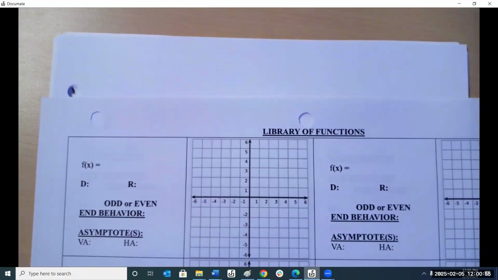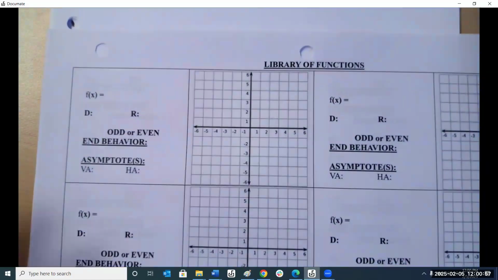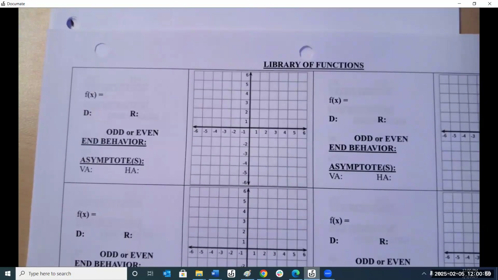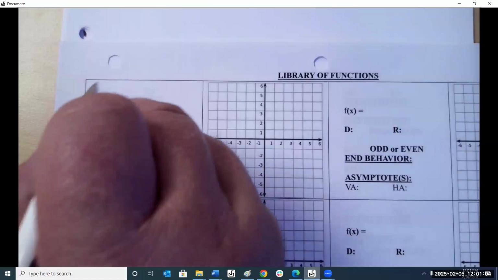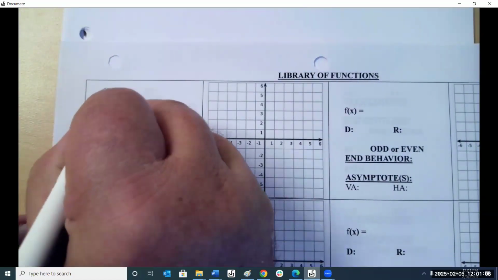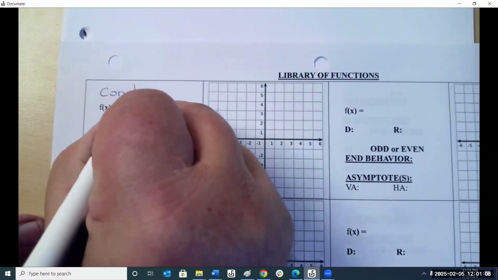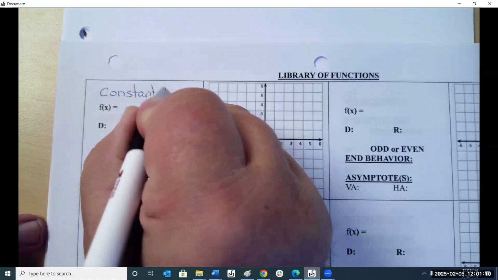All right, so let's look at the library functions. We only did one function so far. Let's look at the other ones. A constant function.